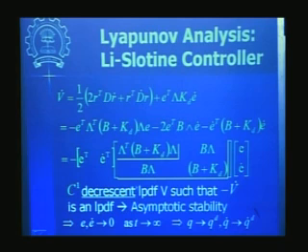Because of that, now we have our result: a C1 decrescent, in this case a PDF function V, such that the negative of V dot, which is now this matrix in the quadratic form, is positive definite.